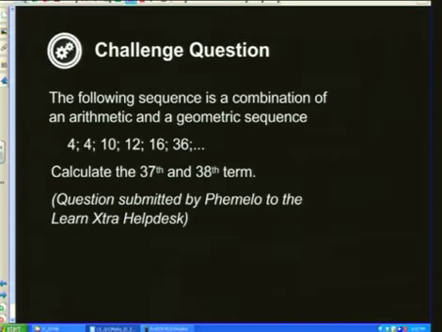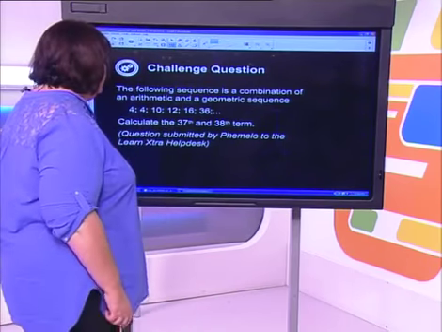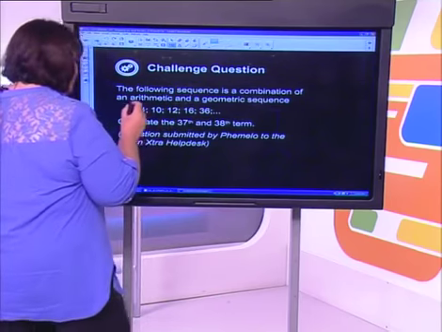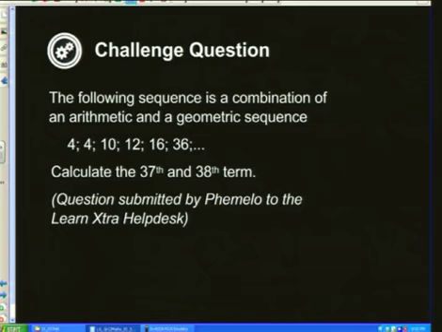Oh wait, sorry, I'm nearly forgetting the most important thing. Sorry guys. The challenge question. Now this was sent in, as you can see. The following sequence is a combination of an arithmetic and a geometric sequence. And I've just got to make sure my pens are working. And they are not. That is just such fun. Let's use my finger. No, that doesn't work now.